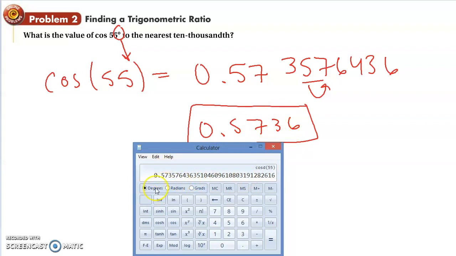So with calculators, you've got to be careful with how they work. Make sure you take your calculator out right now and test it. Try typing cosine 55 and see if you get this answer. If you don't get this answer, you might be in radians. You might have a weird calculator where you have to put the degrees in first and then hit cosine, sine, or tangent. Check that now.